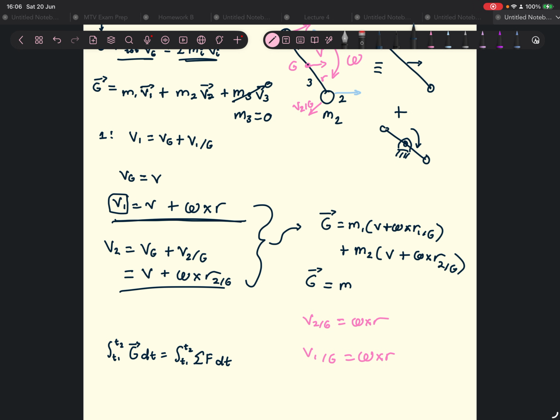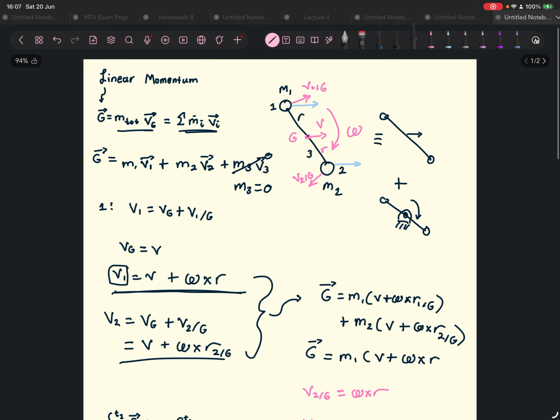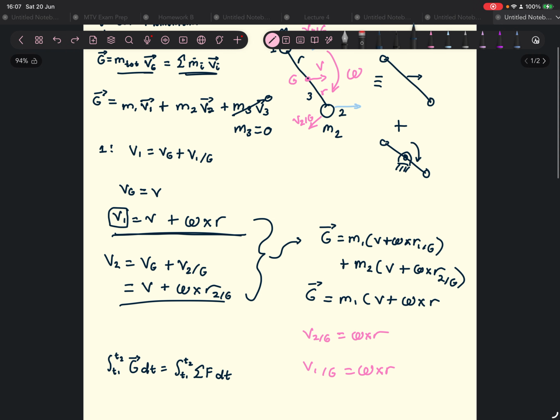if I rewrite that, I'm going to get m1 times v plus omega times r, right? And in this case, it's pointing in the positive direction. So I'm going to call this positive, and then I'm going to get a negative for my other case. So over here, I'm going to get m2 times v plus omega crossed with r, right?